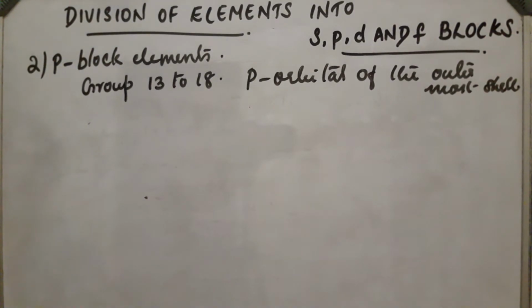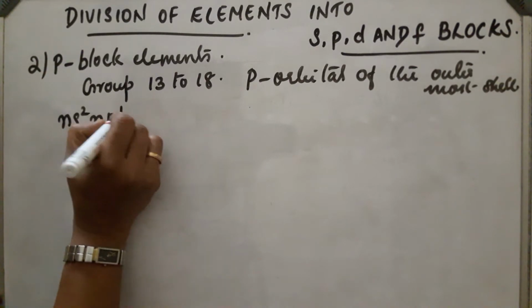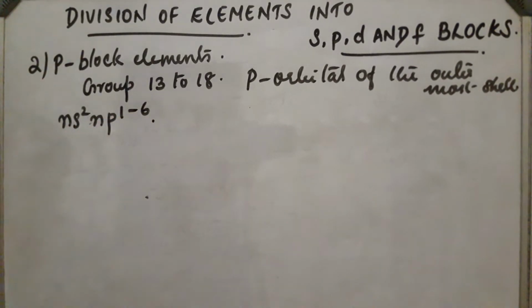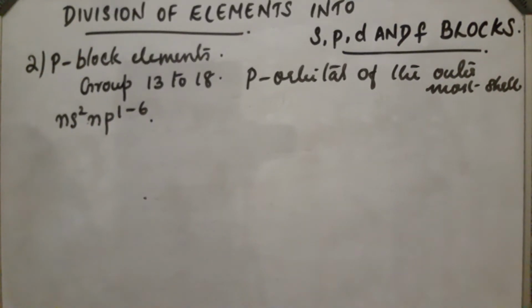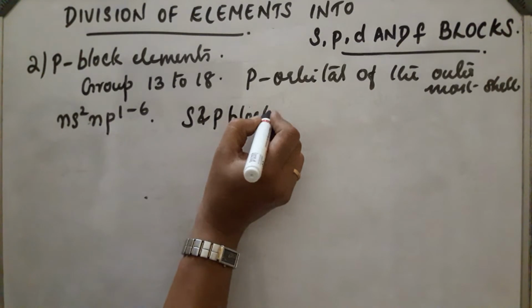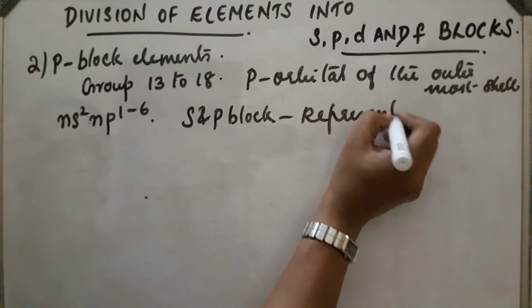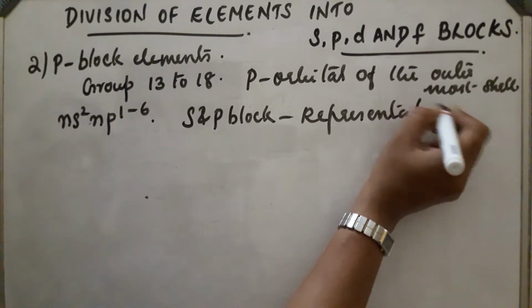The electronic configuration is ns2 np1 to 6, ranging from np1 to np6. P block elements are called representative elements or main group elements.